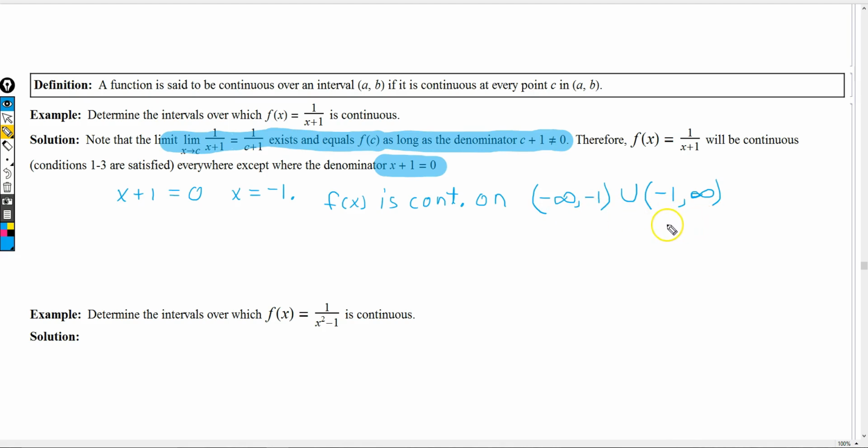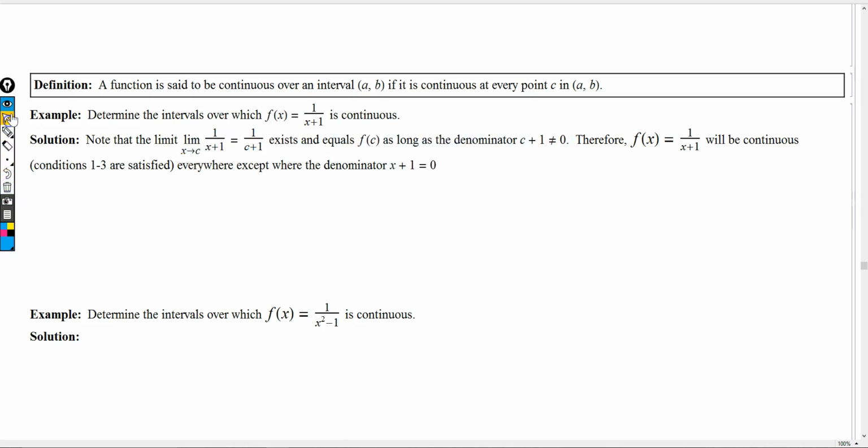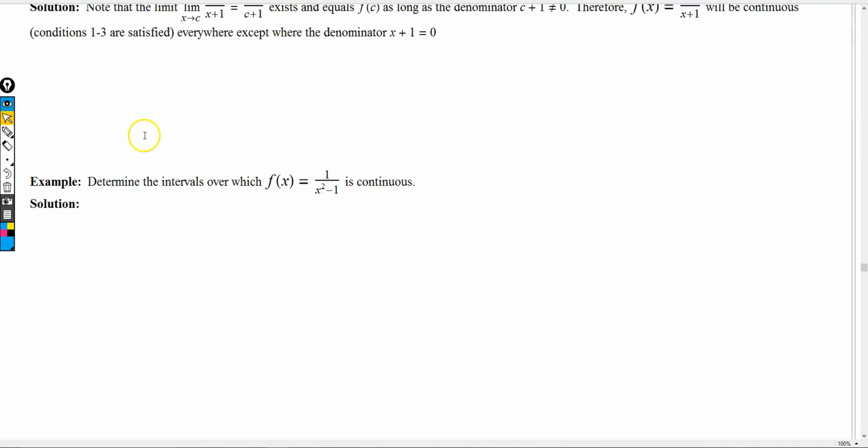Okay. Let's take a look at another example right down here. So let's determine the intervals over which this function is continuous. All right, so all we have to do is find where the denominator is 0. That's where our function will not be continuous. We'll do that first.